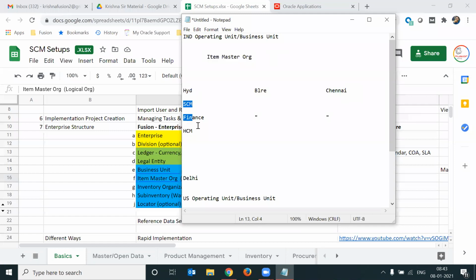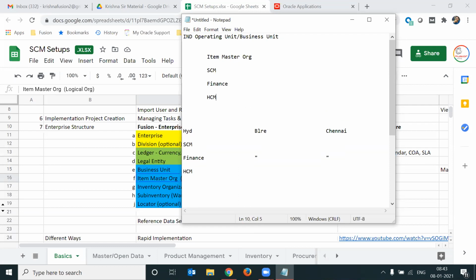So what I do is I'll create these three products here first, SCM or finance. I'll create them first here, and I don't define them in the inventory organizations. I'll just reference from the master organization to the inventory organization.